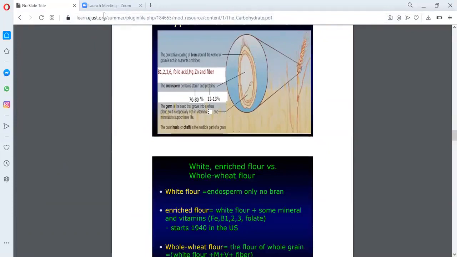Look at this picture of a wheat grain. When you eat white bread or white flour, you are eating only the endosperm, which is just starch, and you are throwing out the whole benefit of the vitamins and minerals around it, in the germ and the bran. Whereas when you eat whole wheat flour, which I recommend for people trying to cut some weight or following a healthy regimen, they eat all of it. They get B1, B2, B3, B6, folic acid, magnesium, zinc, and most importantly fibers.